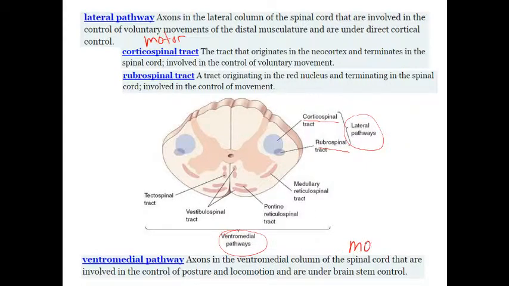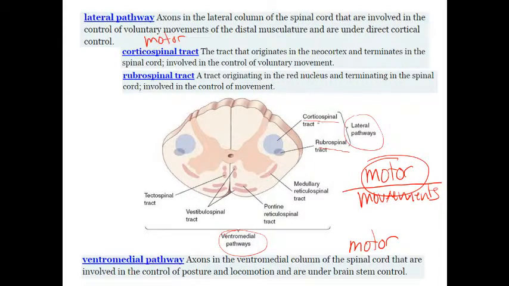So for both of these pathways, lateral and ventromedial, they control motor movements, or at the very least, they convey motor information. The keyword is motor. So lateral pathways and ventromedial pathways: motor. That's what you have to know about them.